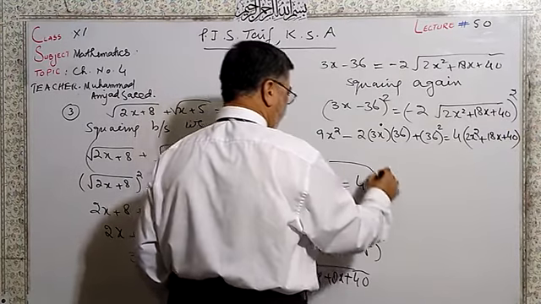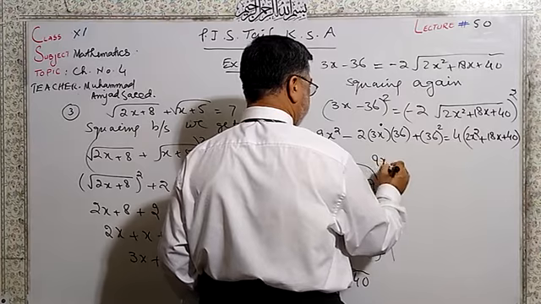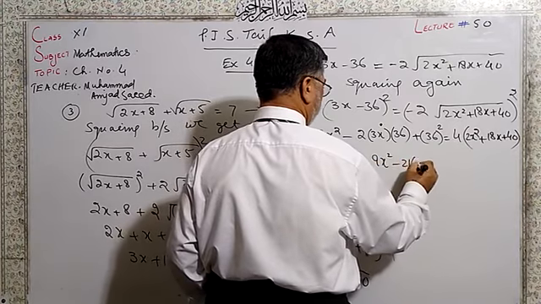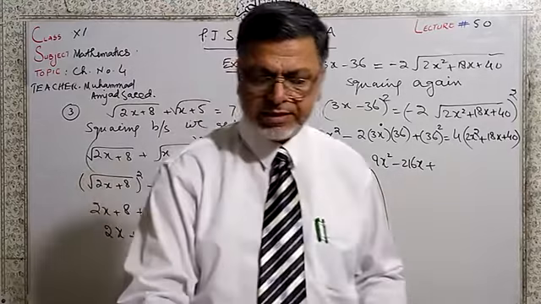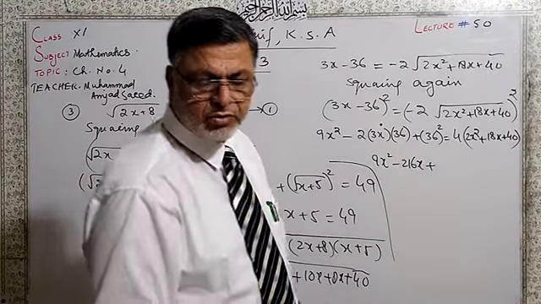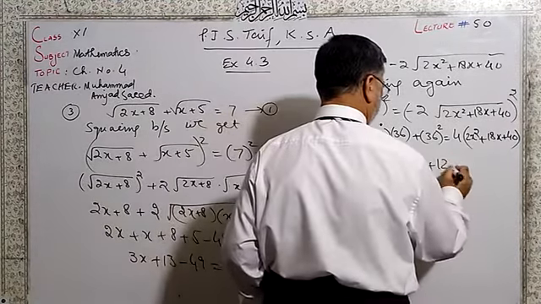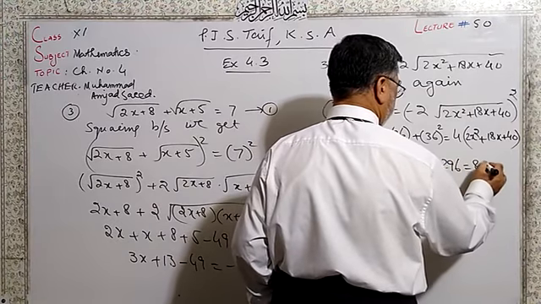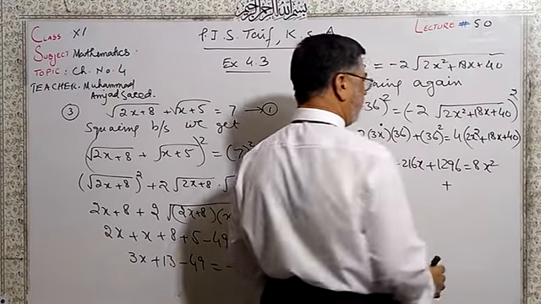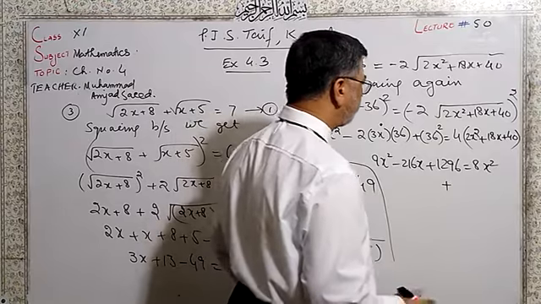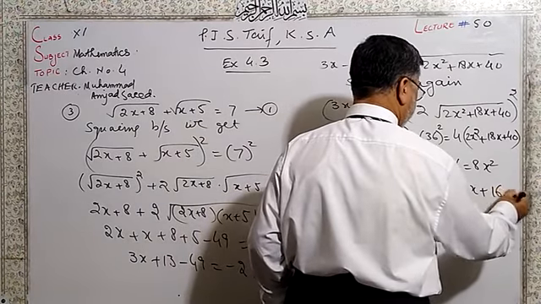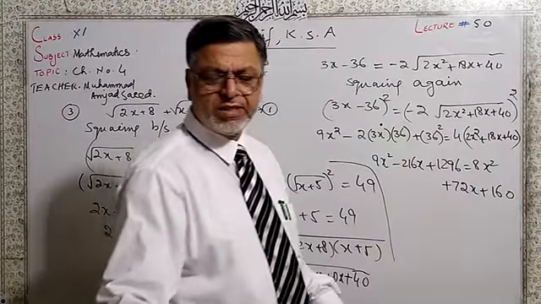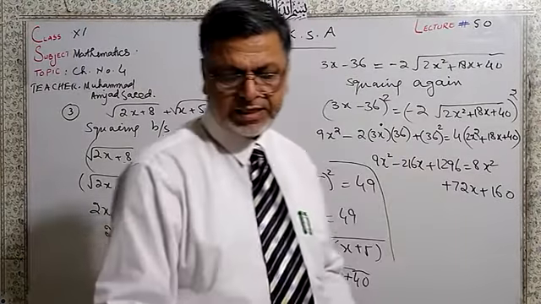Dear students, we have 9x square minus 216x plus 36 square, which is 1296, is equal to 8x square plus 72x plus 160.